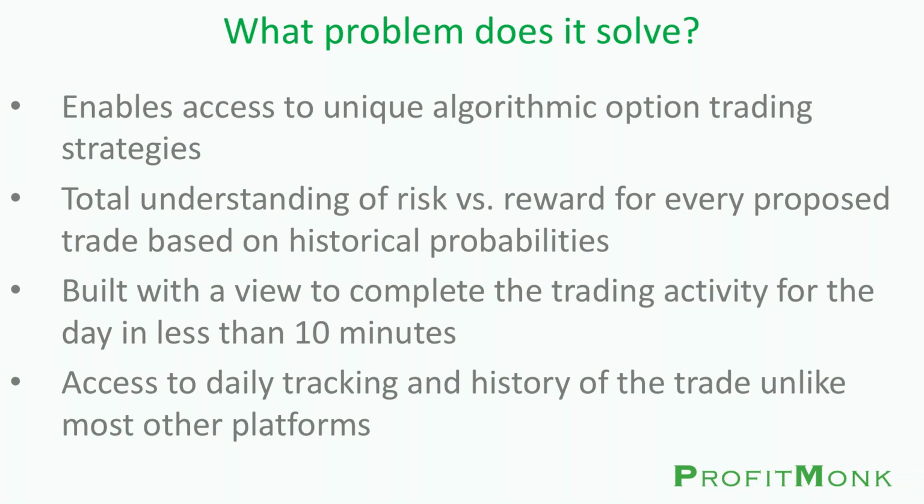You can't afford to make big mistakes in automated trades. But the problem that it solves for an average trader with a small account is it enables access to those algorithms to everybody, while giving you a total understanding of what's the possible risk: big reward, big risk, small reward, small risk.